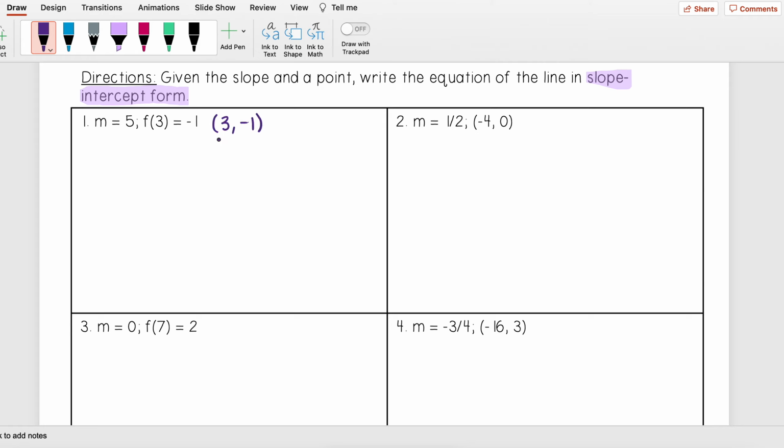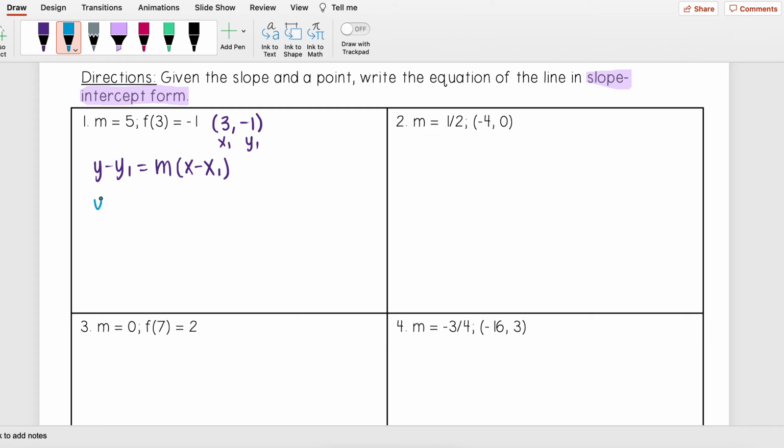So that means that my x1 is 3 and my y1 is -1. And I'm going to start with writing it in point-slope form. So we did a similar process to this in our last lesson, where I had the slope and a point and I put it in my slope-intercept formula. But now I'm going to show you a different way using the point-slope formula.